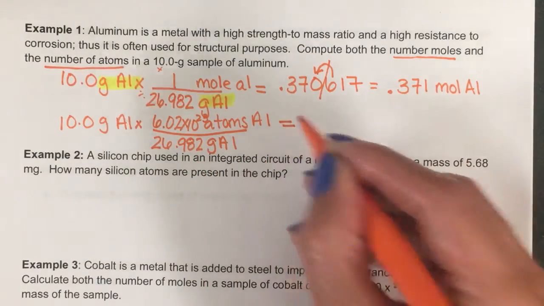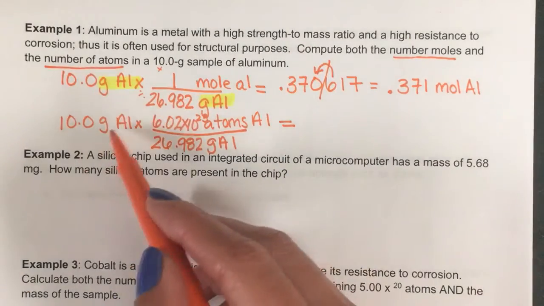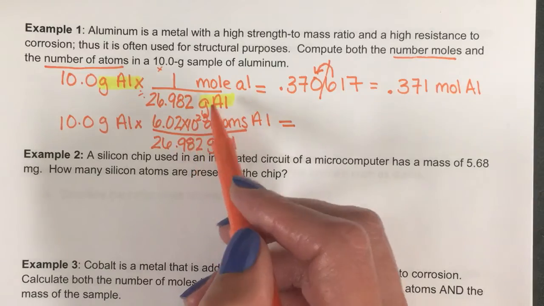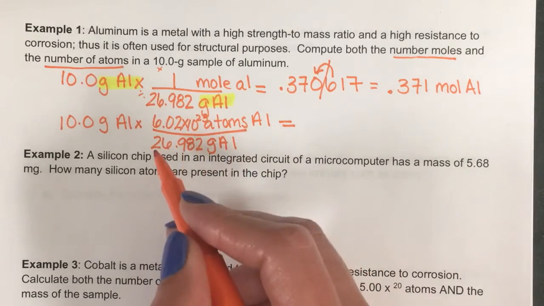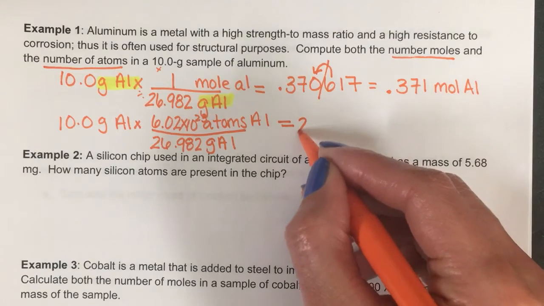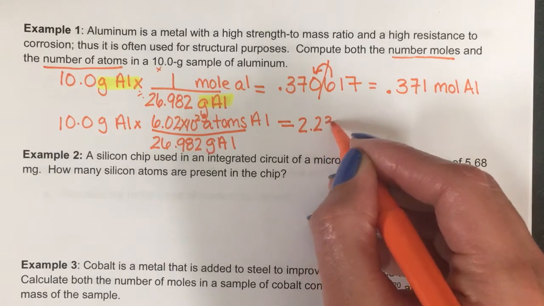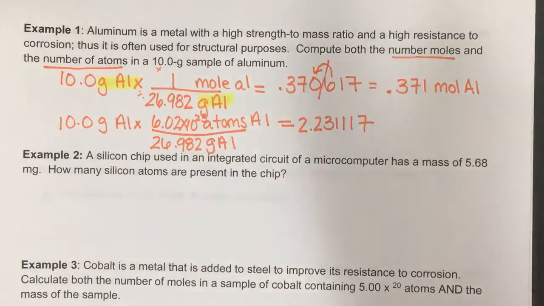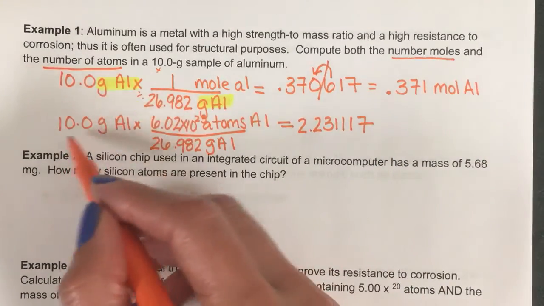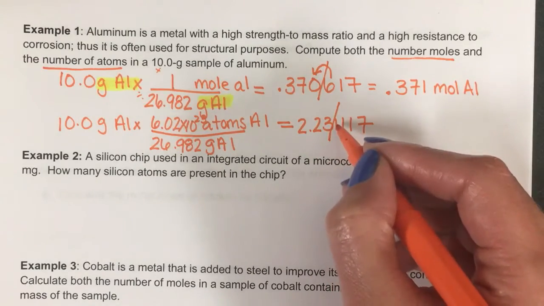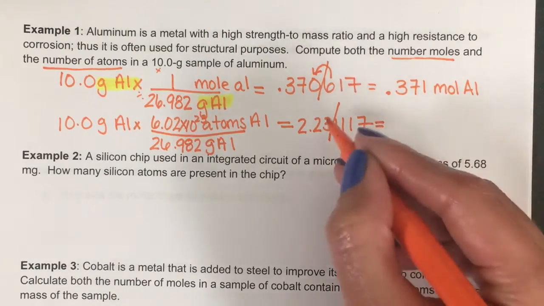Okay? Now just like before, numbers on top we multiply. 10 times 6.02 times 10 to the 23rd divided by 26.982. I get 2.231117. I still only have 3 sig figs. 1, 2, 3, cut it off there. Because it's a 1, I leave it alone.